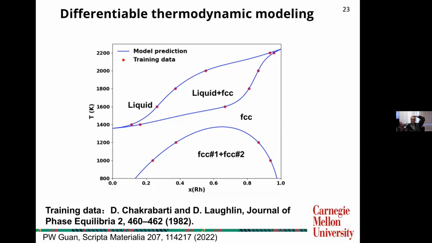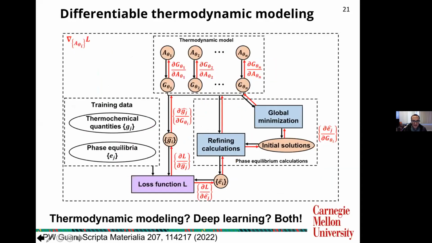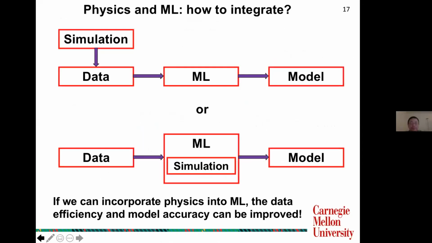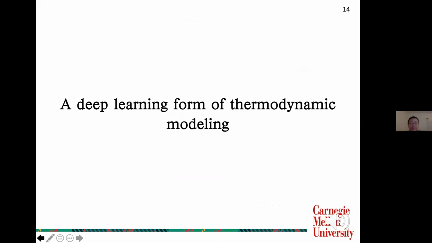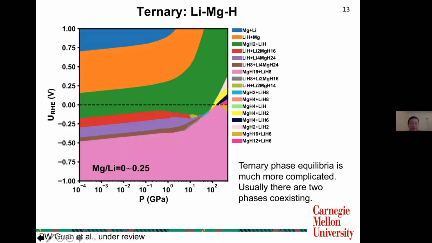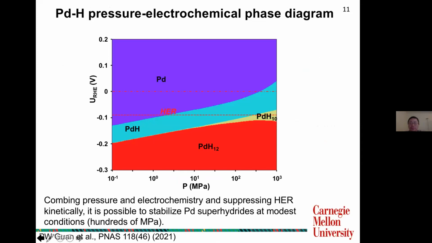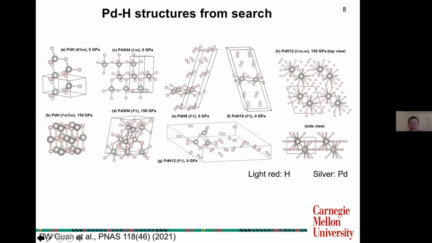Okay, Bryce, go ahead. Yeah, could you go to the slide at the beginning where you showed the electrochemical synthesis of the metal hydride? You mean this? The one where you were showing the anode setup?